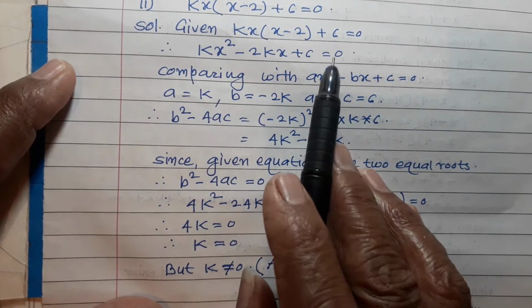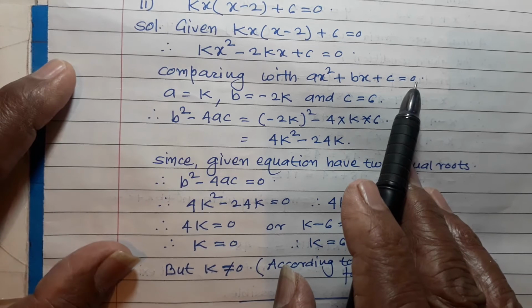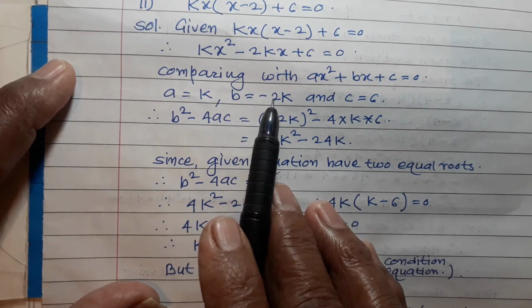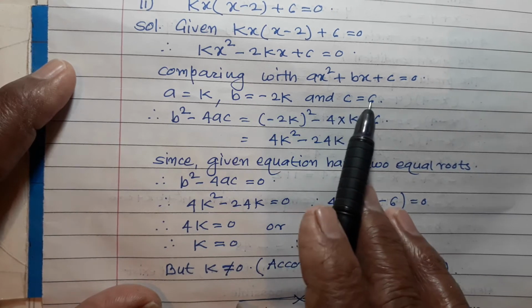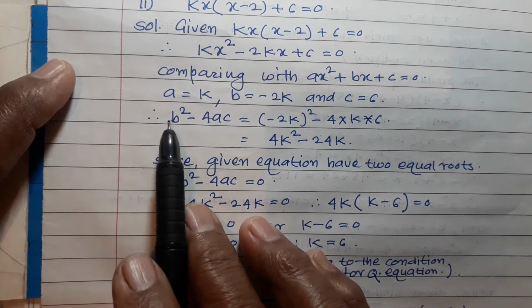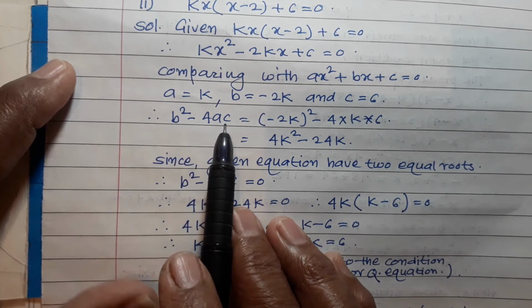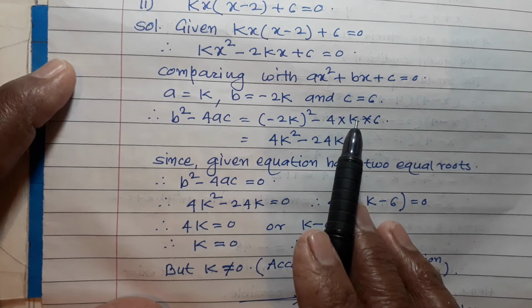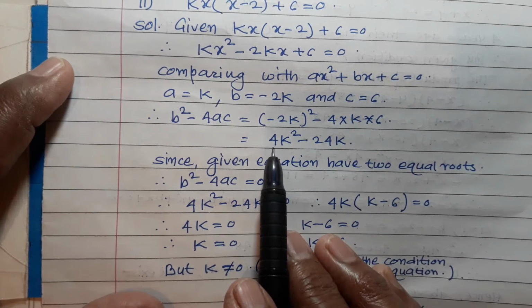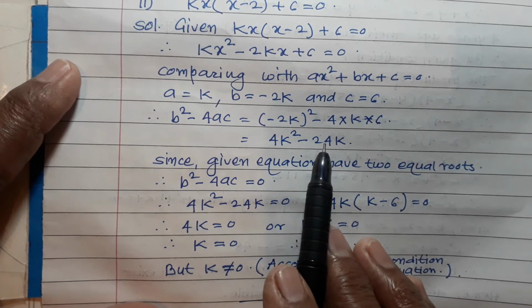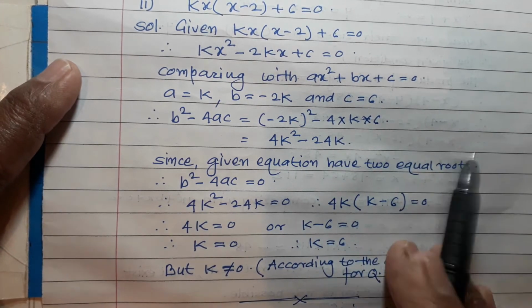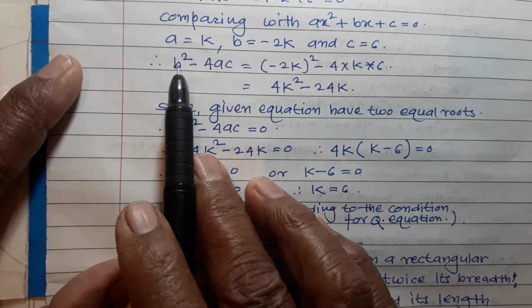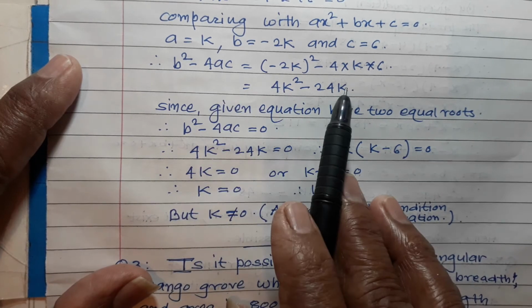Comparing with ax square plus bx plus c is equal to 0, a is equal to k, b is equal to minus 2k and c is equal to 6. And therefore b square minus 4ac is equal to minus 2k whole square minus 4 into k into 6, and therefore 4k square minus 24k. Now this is b square minus 4ac.